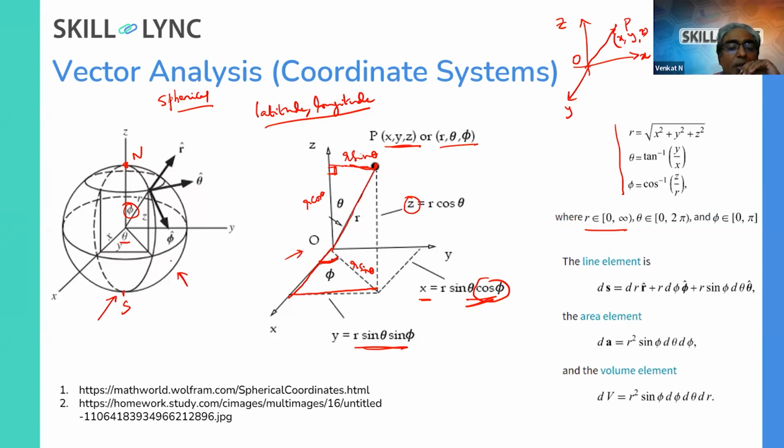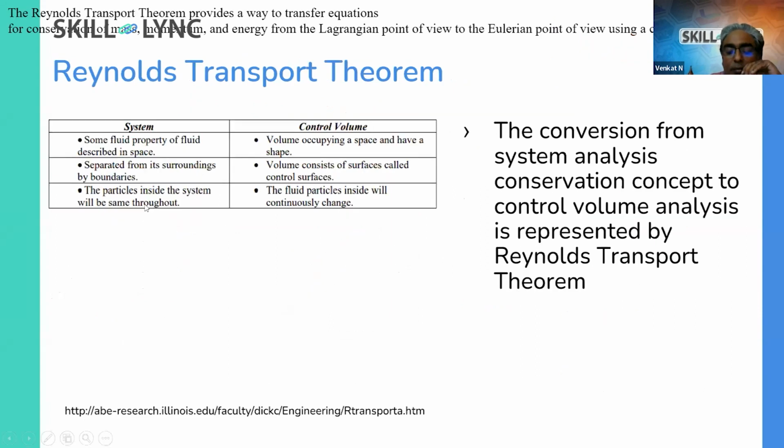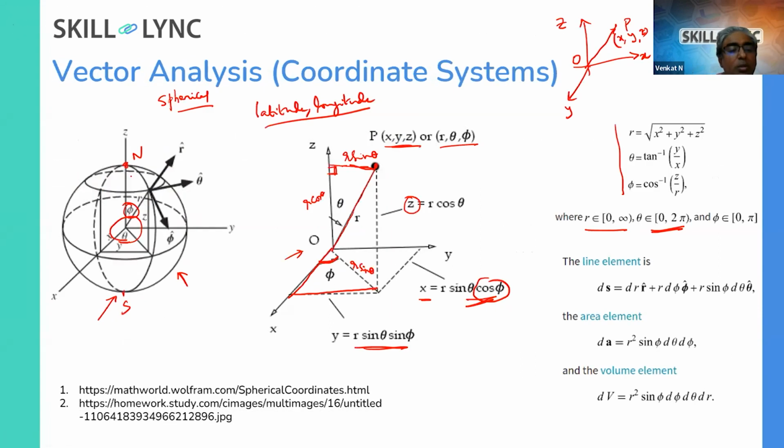So theta is the azimuthal direction. It can go complete 0 to 2 pi. And phi goes from 0 to pi. So pi is here, 180 degrees. 0 to pi. This is your angle, it can go from 0 to pi.